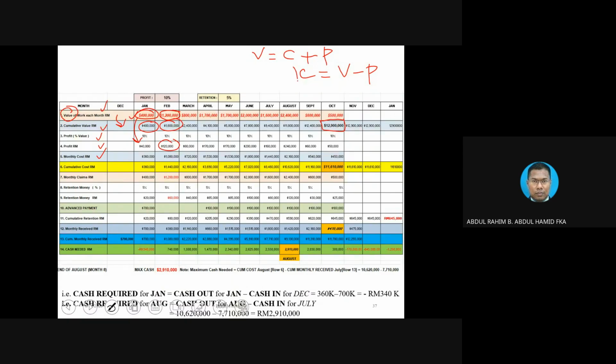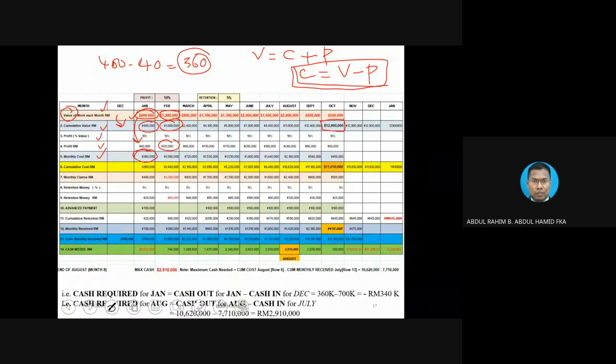So cost is simple. Once you know how much is the profit, whatever the value, for instance, 360. How do we get 360? 400,000 minus 40, equivalent to 360. Okay, 360.